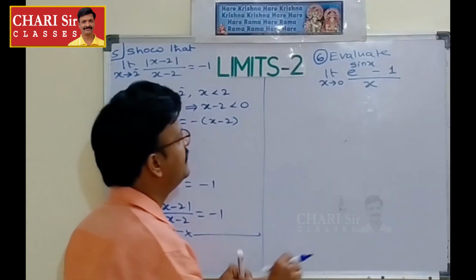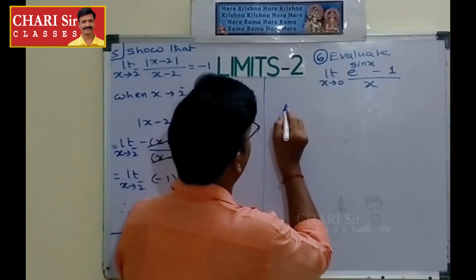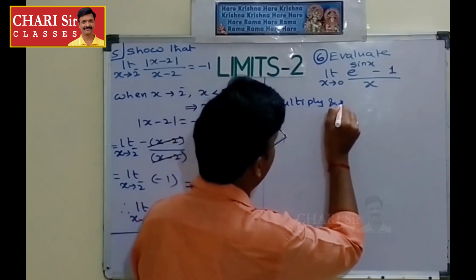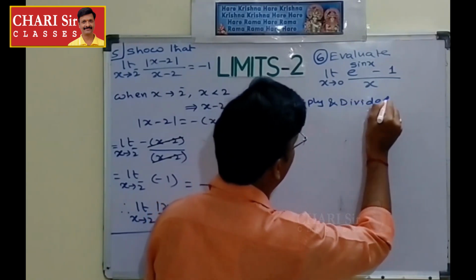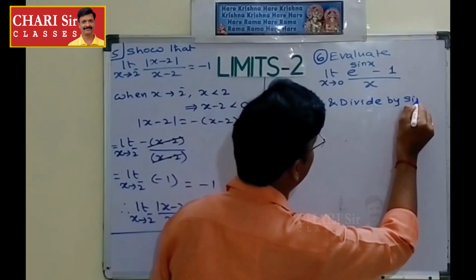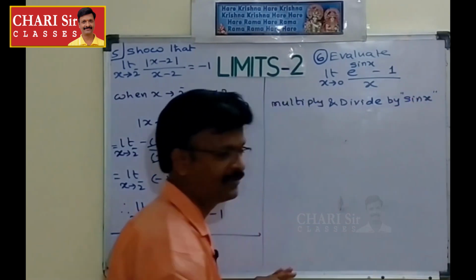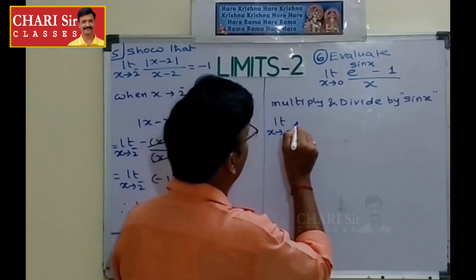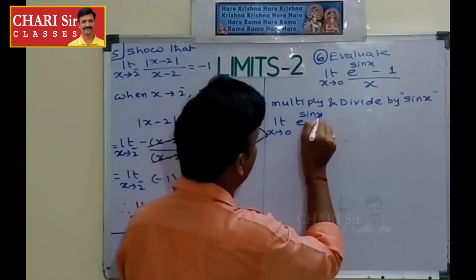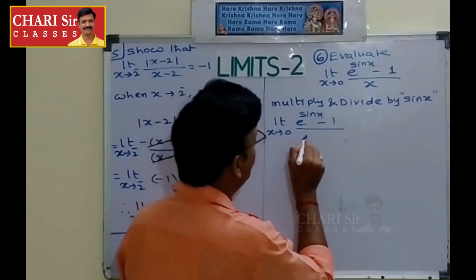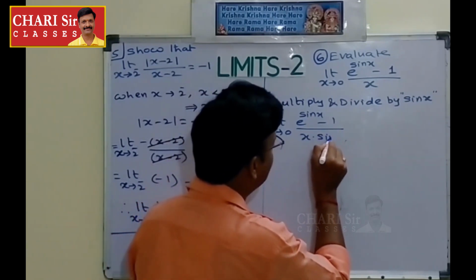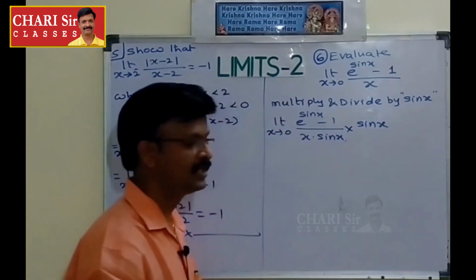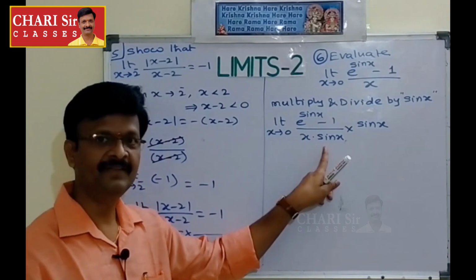So what to do? Just multiply and divide by sin x. It becomes limit x tends to 0 of e to the power of sin x minus 1 by x into sin x, where we divide and also multiply with sin x.